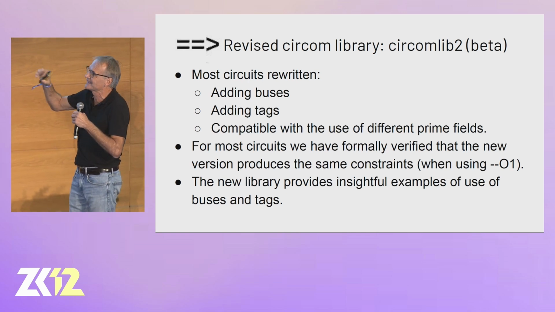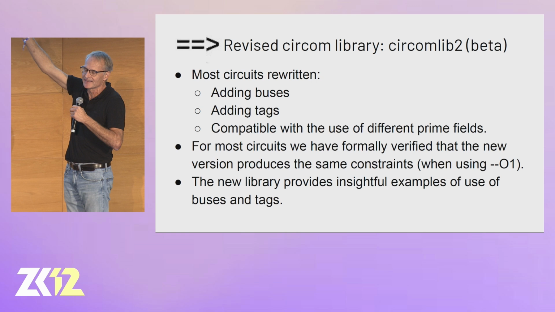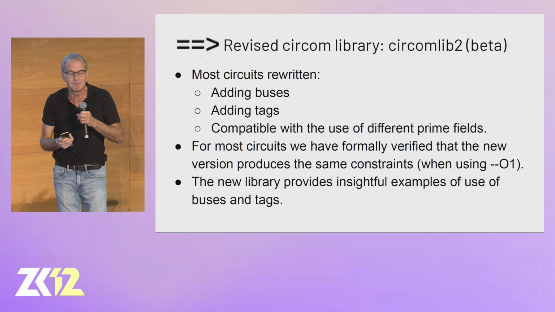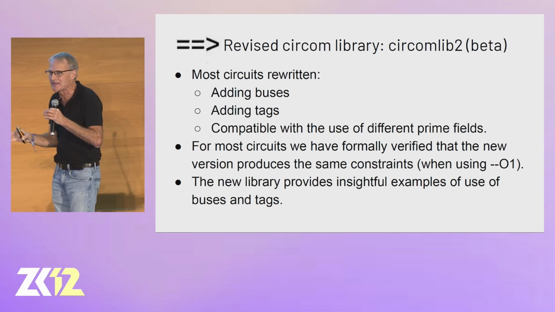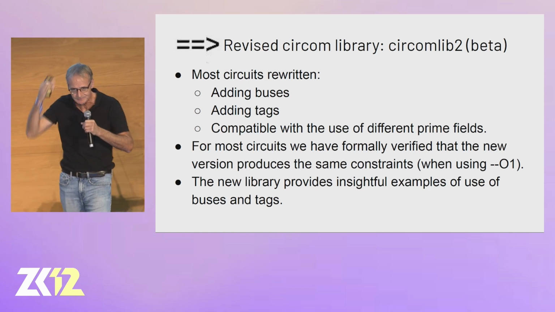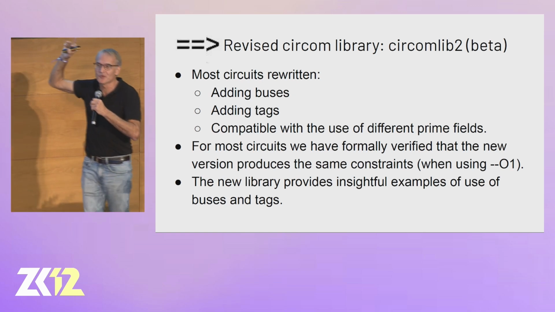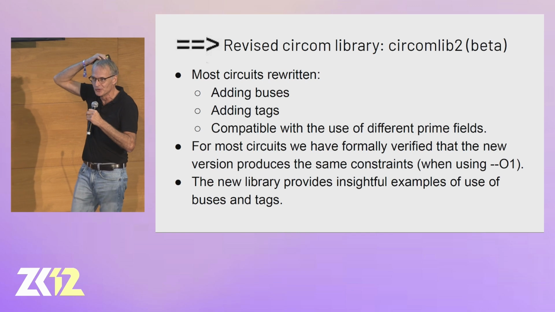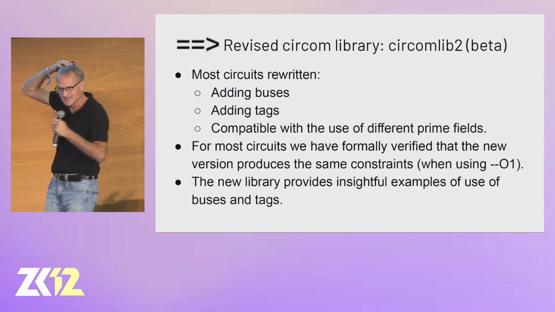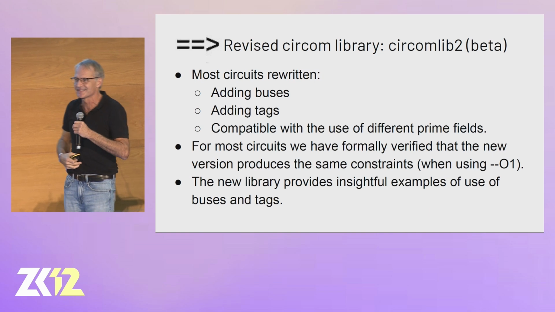So the nice thing is that we have added these buses and tags, and still we have been able to formally prove that in most cases the number of constraints remains the same. Well, when using minus 01. Okay. By the way, this is now the default. Until now, the default was 02, but from this release on, the default is 01, because many people are using Circom for Plonk, and then 02 is not the way to go.